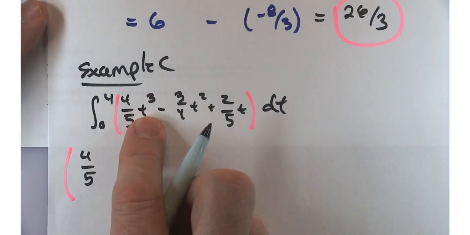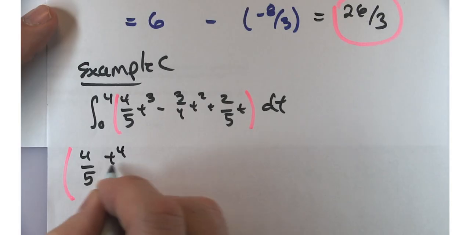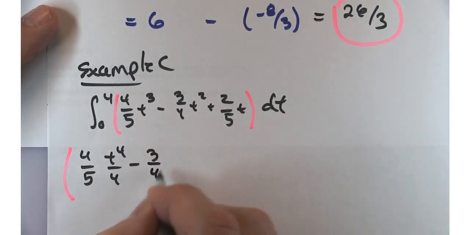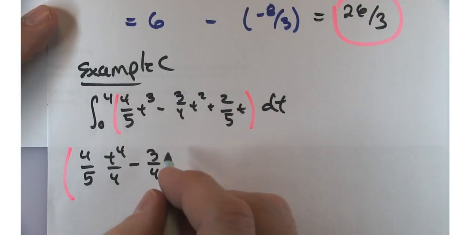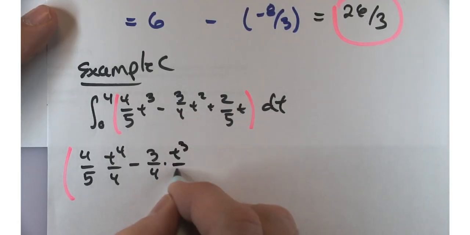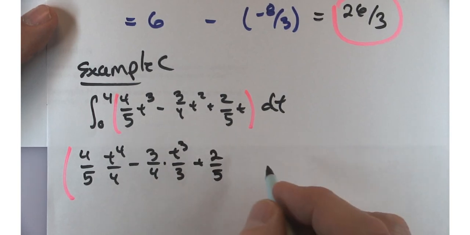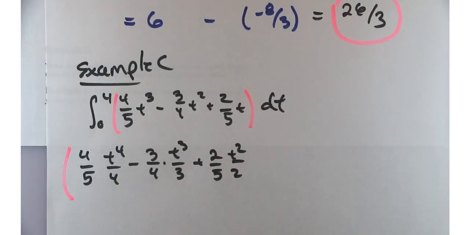What's the antiderivative of t cubed going to be? T to the 4th over 4 minus 3/4, and the antiderivative of t squared is going to be t cubed over 3, plus 2/5 t squared over 2. Let's close that off.